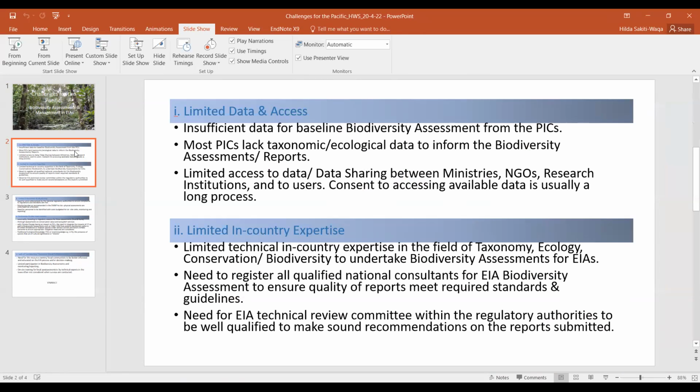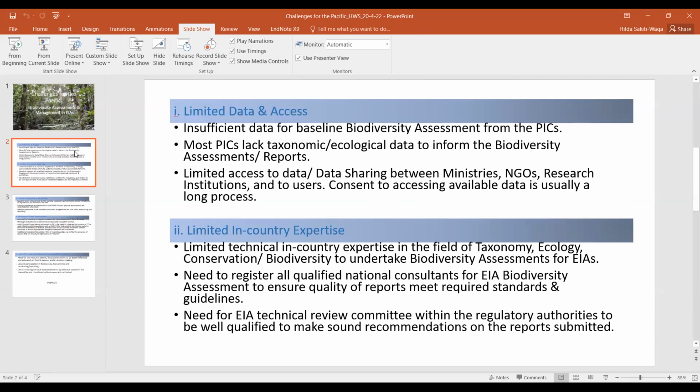Most Pacific Island countries lack taxonomic ecological data that can inform biodiversity assessments and reporting. There is also limited access to data and data sharing between ministries, NGOs, research institutions, and to end users. And usually getting consent to access these available data usually takes a long process for most.